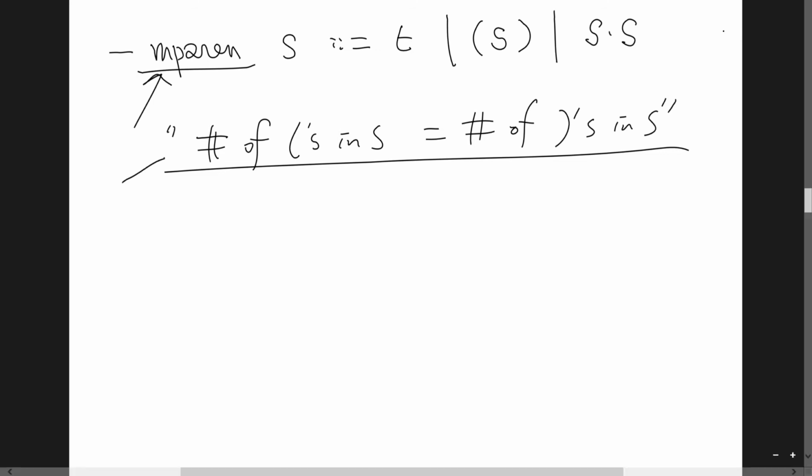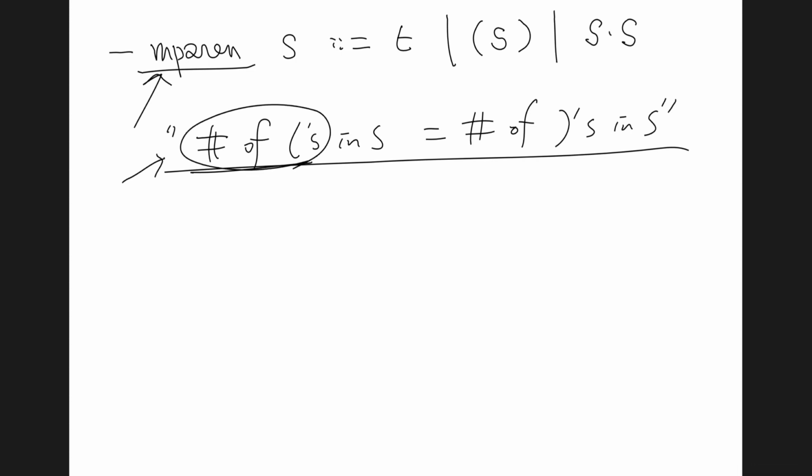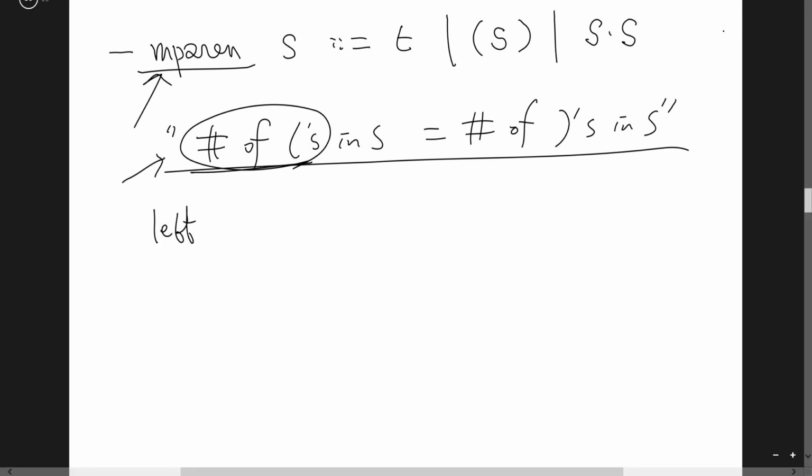This statement is sort of informal because the number of left parentheses is not defined formally. So let's first introduce two auxiliary functions, left and right. For visual clarity, let me write this bracket instead of parentheses. So left(S) is going to be the number of left parentheses in string S, and right(S) is going to be the number of right parentheses in S. So let's give a definition of this recursive function.